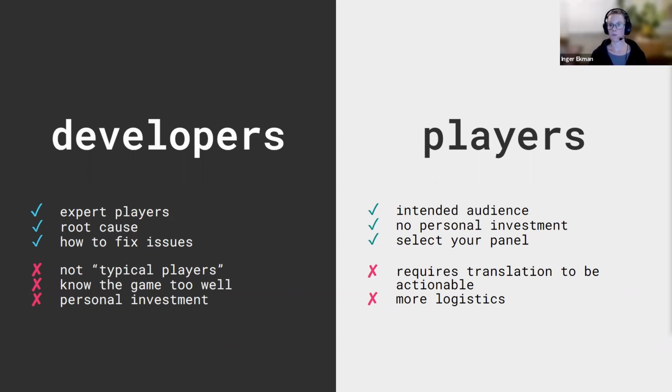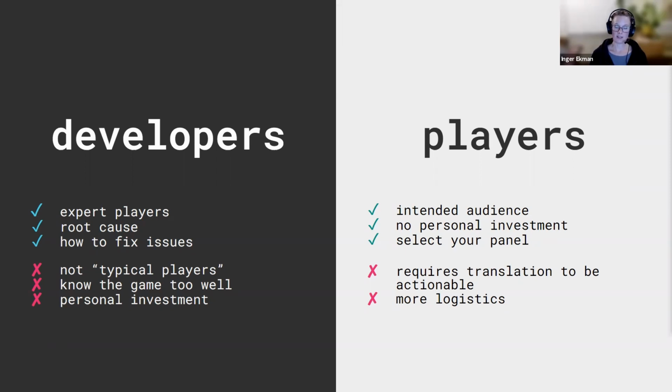They also have no personal investment in the studio. Sometimes they do. That's very important to control for, but generally you should aspire for them not having a personal investment, because that makes it a more neutral evaluation point.